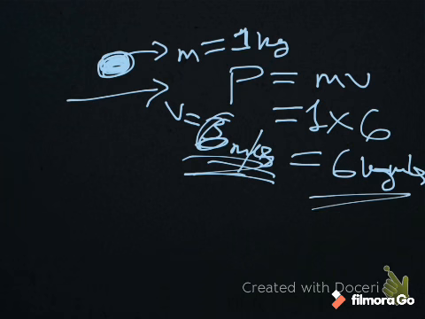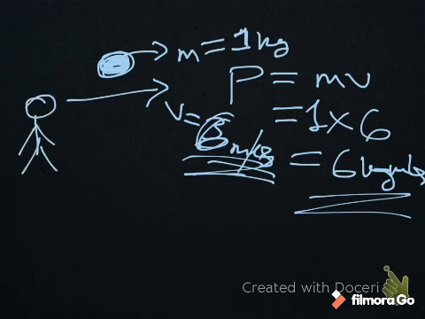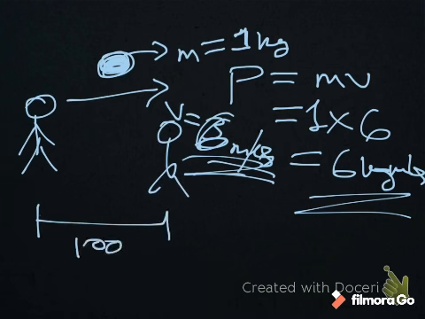So we know the momentum of the ball. We can calculate the momentum of the ball, and also at the same instant we can tell where the ball is. For example, if you are, say, here, and your friend is somewhere over there, 100 meters away from you, and suppose the ball is somewhere over here, you can measure at that instant by using a simple ruler or something, the horizontal distance of the ball from you.